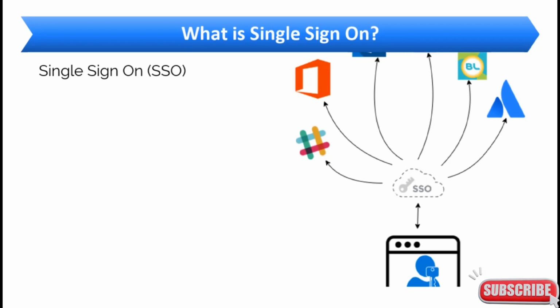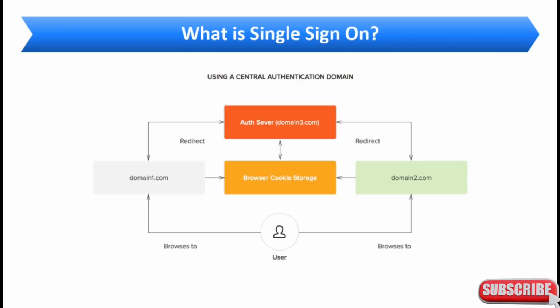How does SSO work? Basically, SSO works based upon a trust relationship set up between an application known as the service provider and an identity provider like OneLogin. This trust relationship is often based upon a certificate that is exchanged between the identity provider and the service provider, so that the service provider knows it is coming from a trusted source.